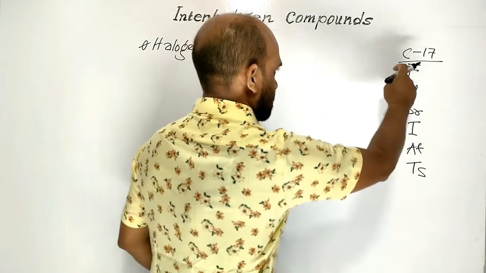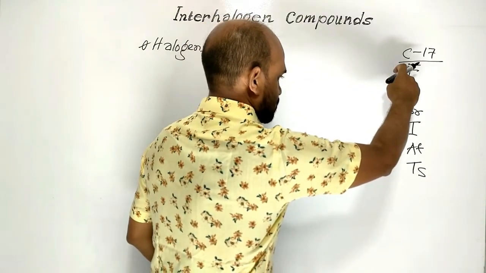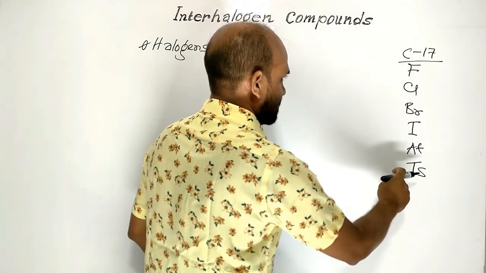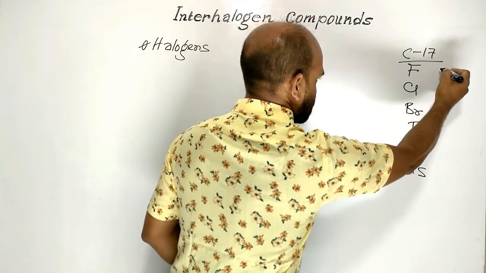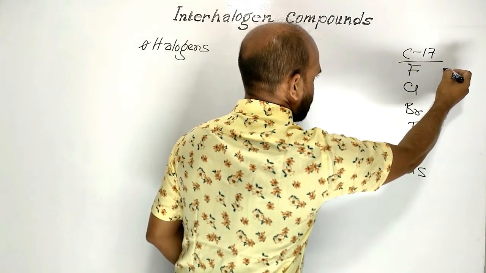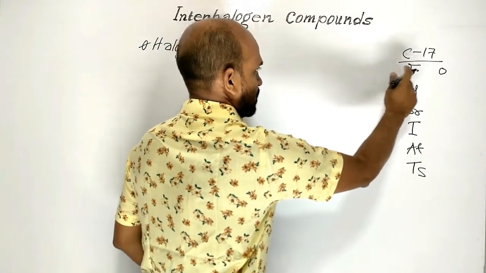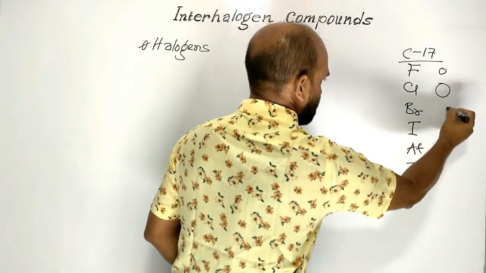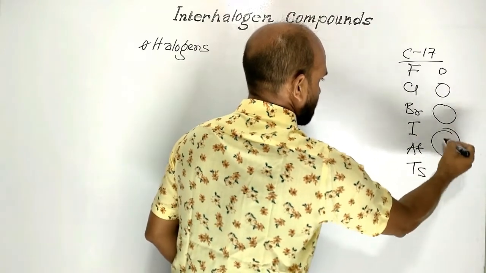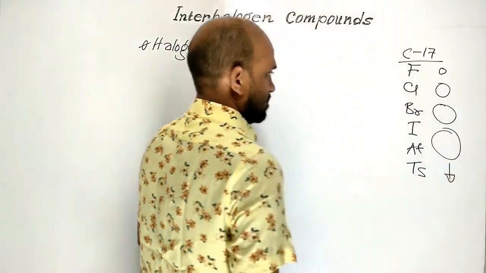Here we know that from top to bottom atomic size increases. So simply we can show in this way: atomic size of fluorine, chlorine, bromine, iodine, and so on.